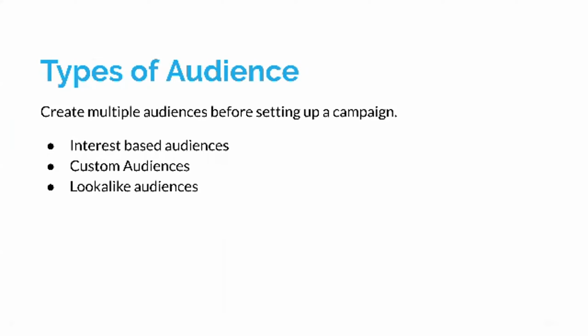Well, there are three types. The interest-based audiences is where you select demographic information like geography, age, gender, if you know that your audience is within a certain age range or one gender more than the other. But also there's a lot of different interests you can select, and interests aren't just the general kind of interest people might have put in their profile on Facebook.